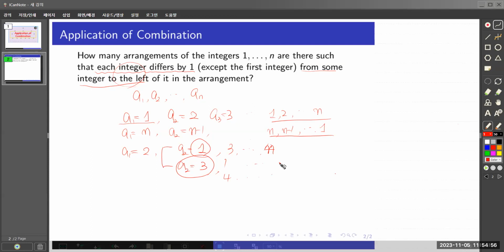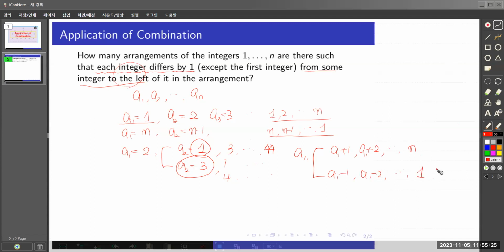More generally, depending on a sub 1, we actually have just 2 types of sequences. It's an increasing sequence, going by 1, like this, or a decreasing sequence, like this.